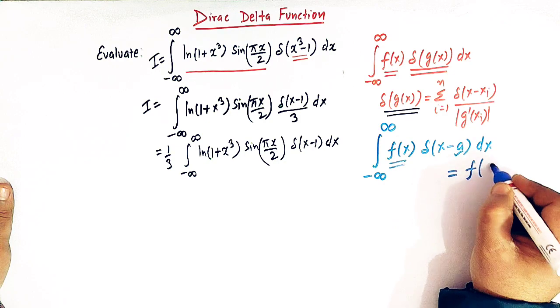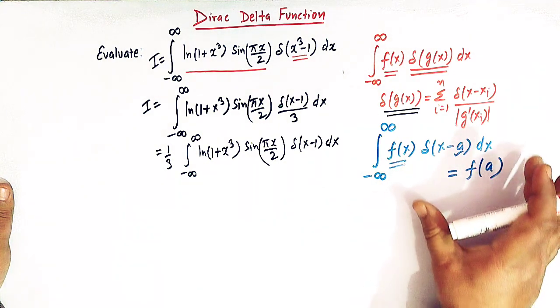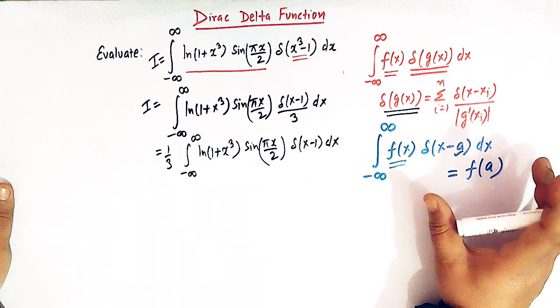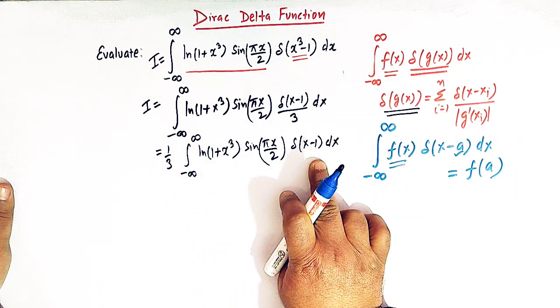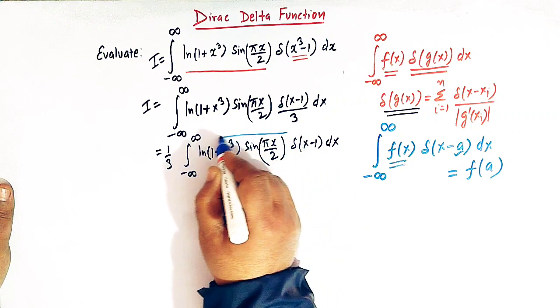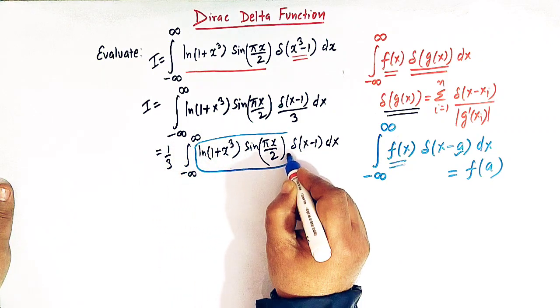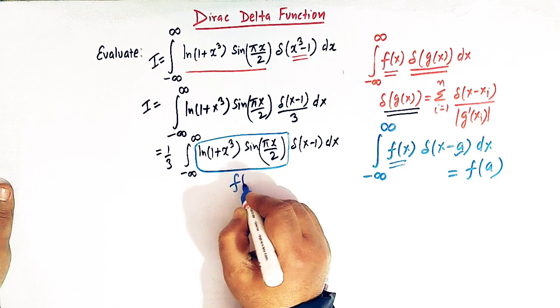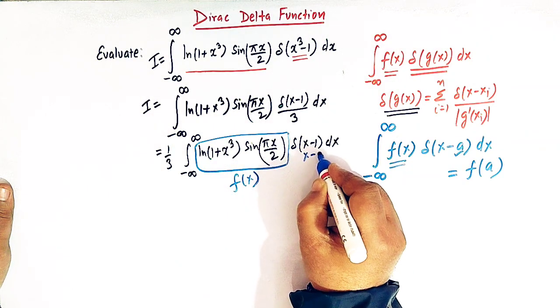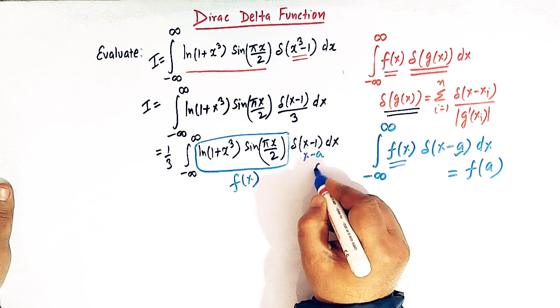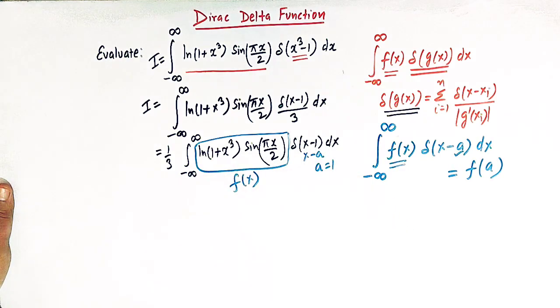So this is f(a). So this is our basic definition which may be utilized to evaluate this integral. So here what we can do, we'll take this function as f(x), right? And here delta of x minus a, so our a is equal to 1, right?